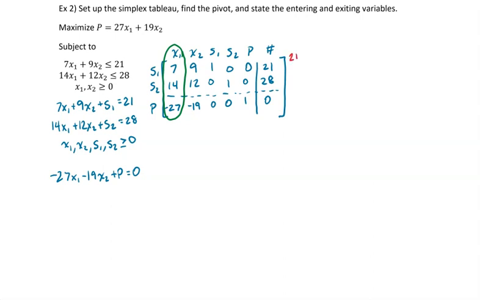That means we're going to be dividing the 21 by 7, getting 3. We're going to divide the 28 by 14 and get 2. Then we pick the row with the smallest, which was the 2. So that's going to be our second row. Our pivot is wherever they intersect. So in this case, it's the 14 that's right there.